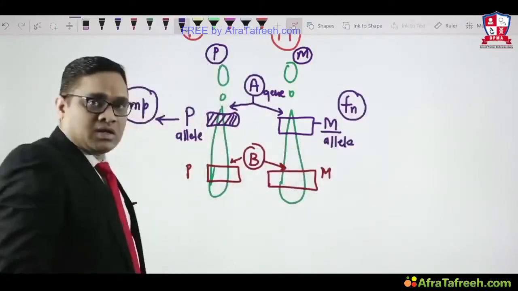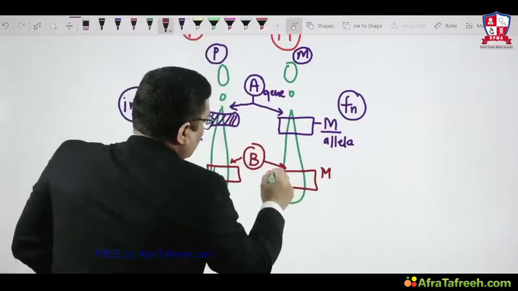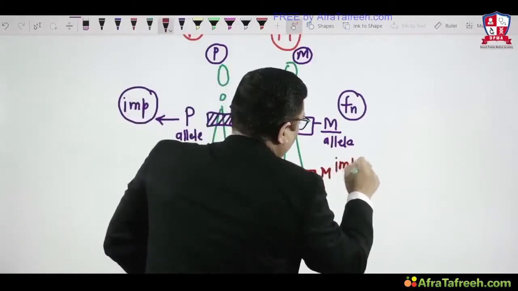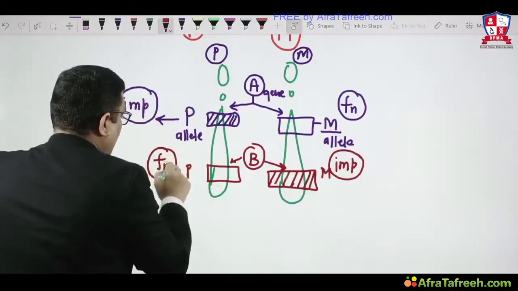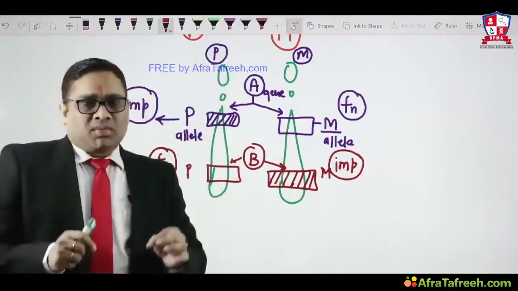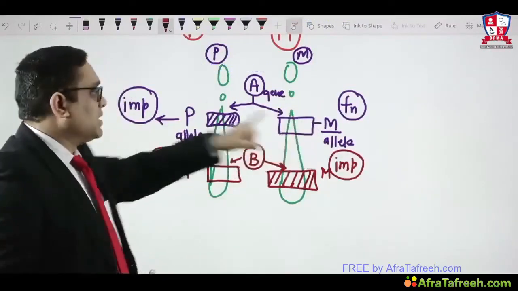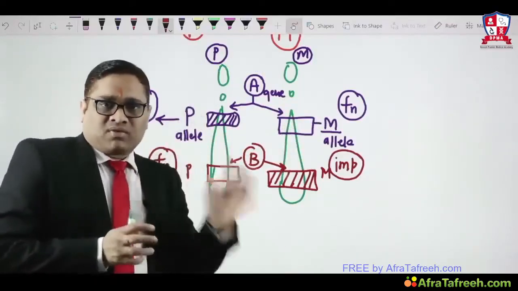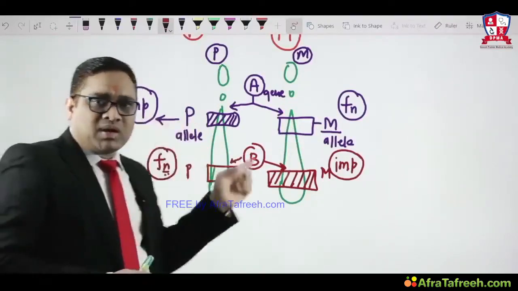In the same way, when we talk about gene B, assume that in this case the maternal allele is imprinted, or inactivated, but the paternal allele is functional. This is the perfect picture to describe genomic imprinting, where the functional allele is derived from one parent, and one of the alleles is imprinted on the chromosome.